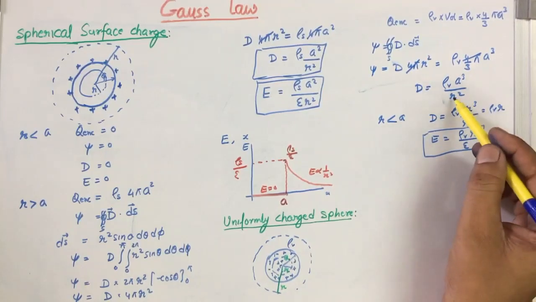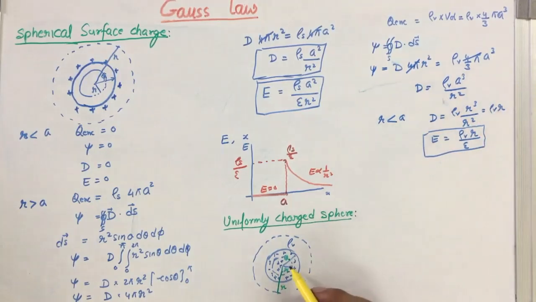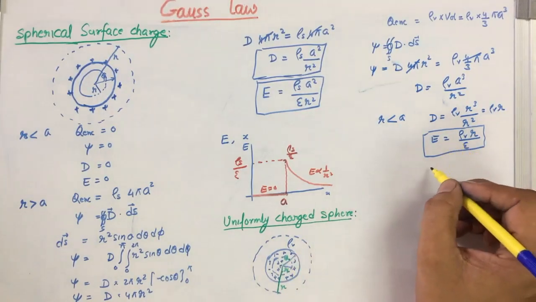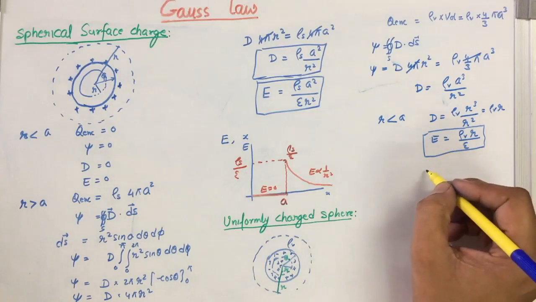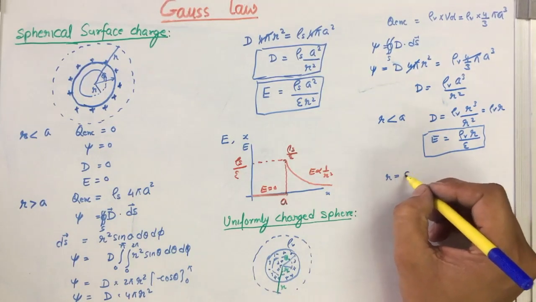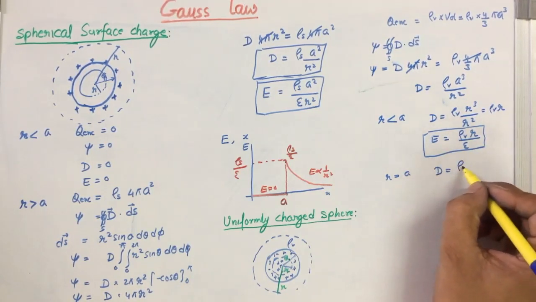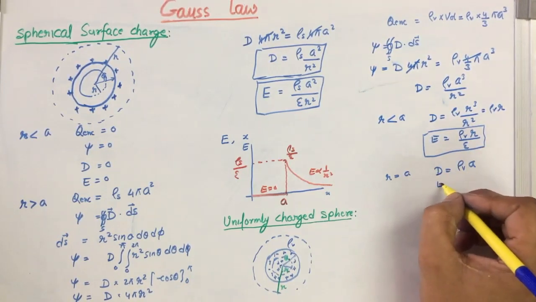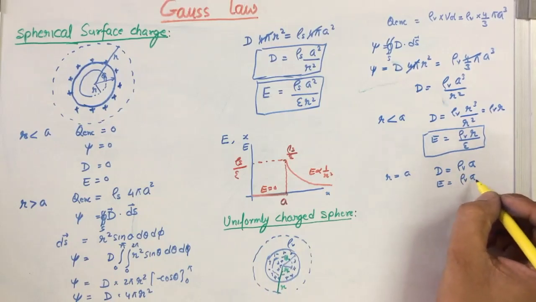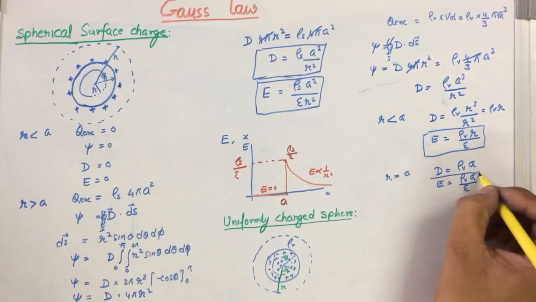If we consider r is more than the radius of the sphere, then in that case r will be equal to a. In that case, D will be rho v a and E will be rho v a by epsilon.